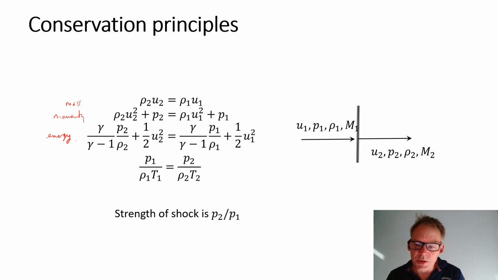So conservation of mass, density times velocity is constant, pretty straightforward. Conservation of momentum, the sum of momentum flux plus pressure is constant. Energy, the sum of internal energy plus kinetic energy is conserved, and the equation of state for an ideal gas.